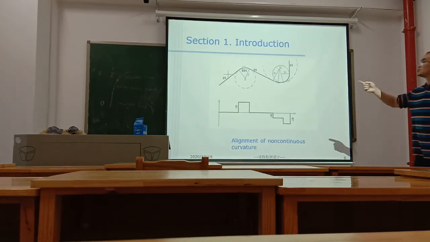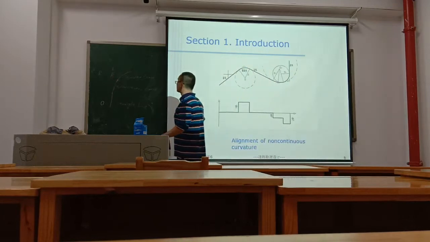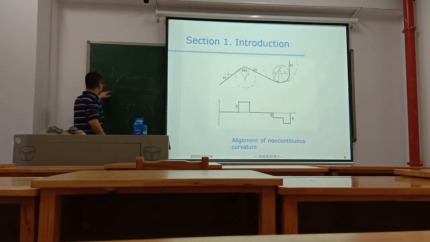The coverage of the transition curve changes from 0 to 1 divided by R, the radius.